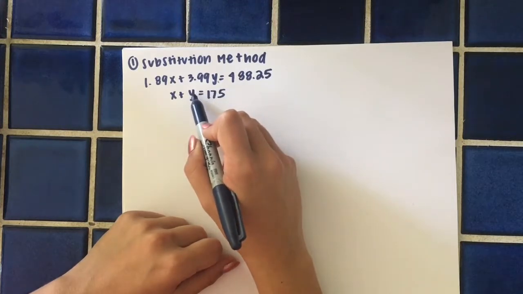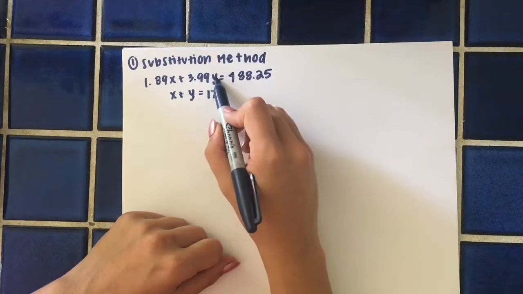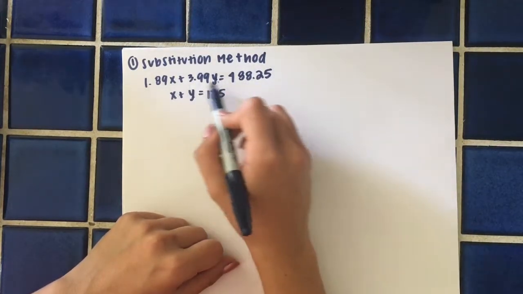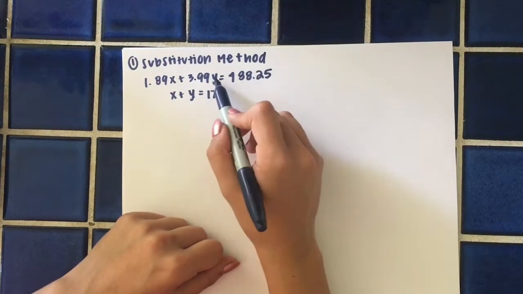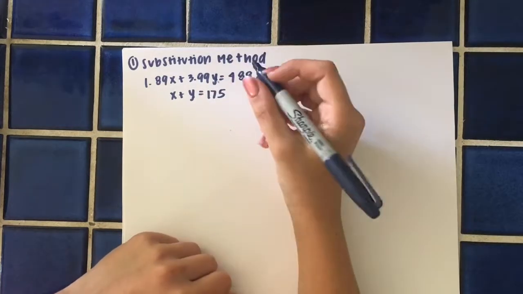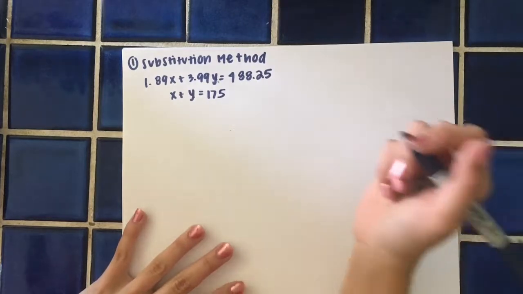And then we're going to take that equation and plug it into here. So we're gonna substitute it in for y. And then we're gonna have this equation in terms of x, and then we're gonna solve the equation for x, and then from there we're gonna get the number of French fry orders sold, because that's what x is.